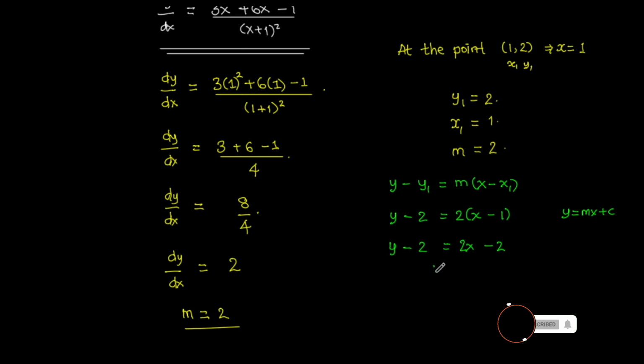And we can collect like terms. From the left hand side, we are left with y, copying 2x down, and then if negative 2 crosses the equal sign, it changes to positive. So we have here plus 2. And quickly we notice that positive 2 and negative 2 will vanish to 0, and then we copy the last result here, where we have y equals 2x as the equation of the tangent.